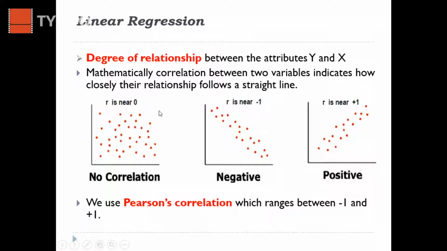This correlation has extreme values of either -1 or +1, which indicates a perfectly linear relationship between x and y. But when we see the correlation of the data set when the r value is 0, we see that the data points are scattered here, because of which there is an absence of linear relationship.